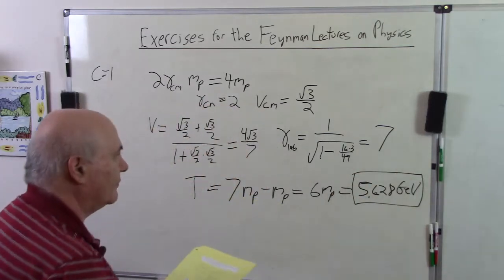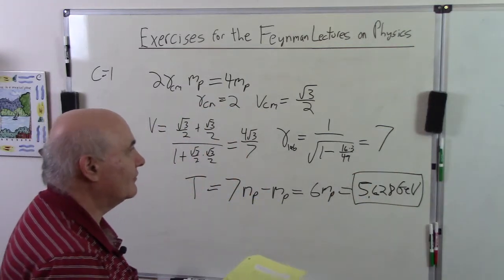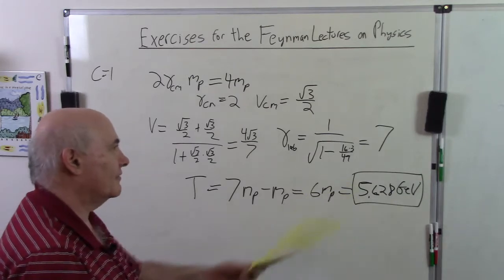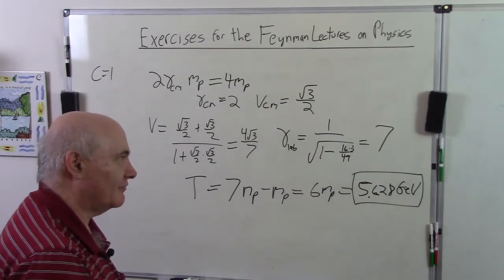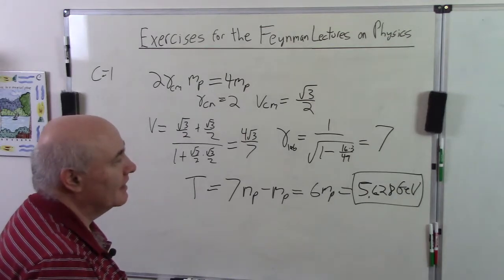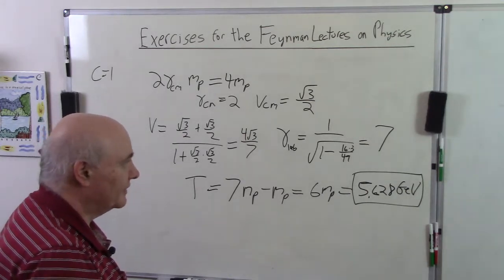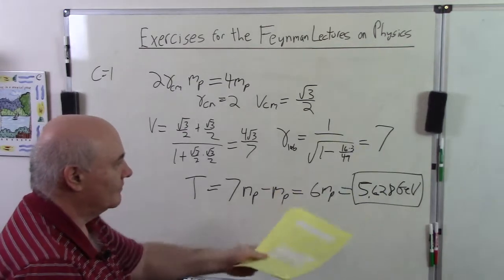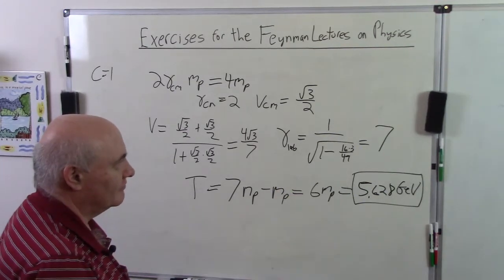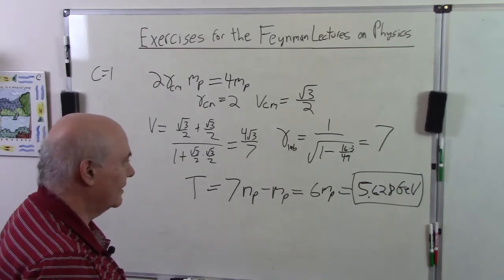So we would need a proton of 5.6 GeV in order to create a proton and an antiproton pair, which has rest mass of about 2 GeV. So, well, that kind of makes sense.